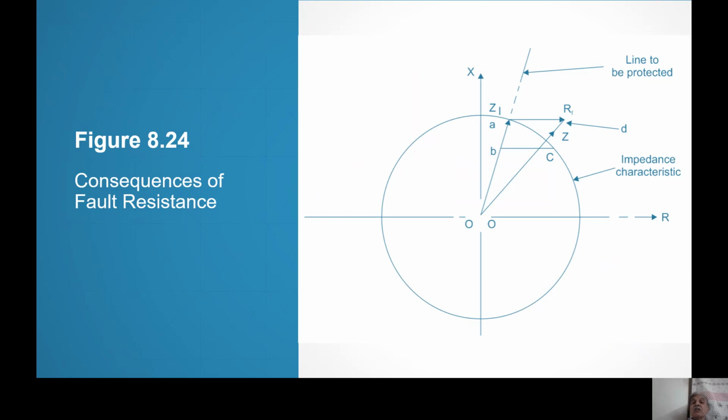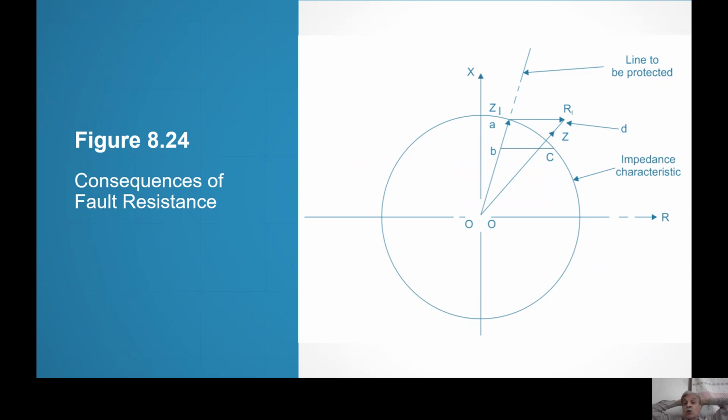But the impedance measured is not Z1 because some fault resistance RF is there. In any case, except for a triple line to ground fault, where the earthing switch is inadvertently made on when the circuit breaker is on, RF is equal to 0 only in that case.